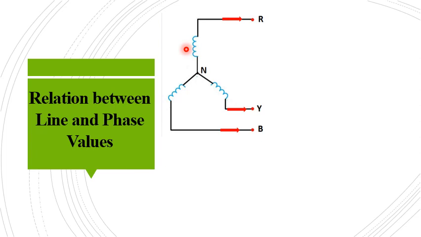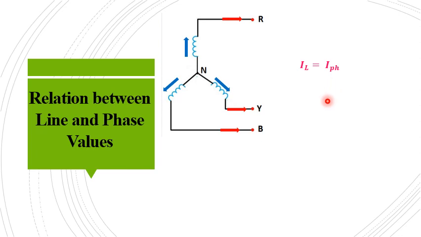The phase current is the current through each phase or each coil, marked with blue arrows. From the figure it is clear that the line current is the same as the phase current. So in a 3-phase star connection, VL is equal to root 3 V phase and IL is equal to I phase.